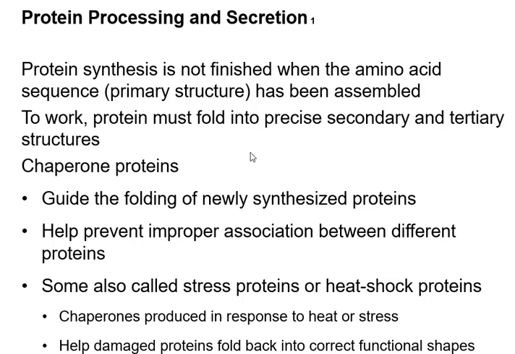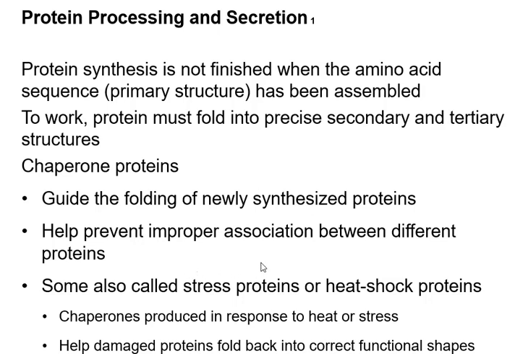So you have to have the correct primary structure, which is the order of the amino acids, and the secondary structure, if you remember, was the beta pleated sheet or the alpha helix, so it can coil up or it can look like a Lay's potato chip. And then there are chaperone proteins which help push the different strands of amino acids into the proper shape, the three-dimensional or third-dimensional folding.